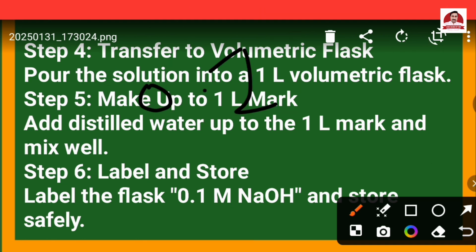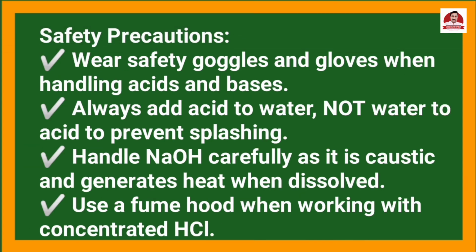And in the last and final step, we label and store this solution in our lab. We also have to take the safety precautions. Always wear safety gloves and goggles when handling acid and base.